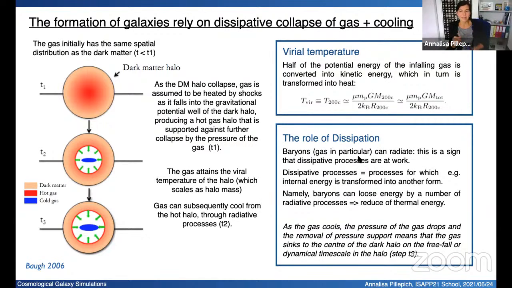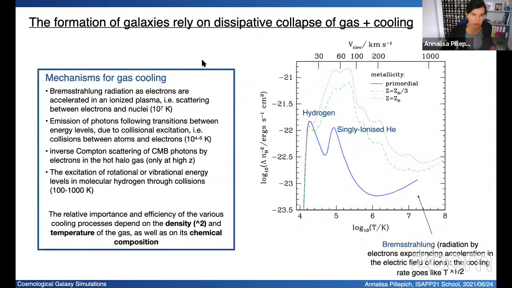And so gas can lose energy by a number of radiative processes. As the gas cools, the pressure of the gas drops and there is no longer any pressure support that fights against the gravitational collapse of the gas, which can then sink at the center of the dark matter halos and possibly form stars. So let me give you an idea of what these radiative processes are.